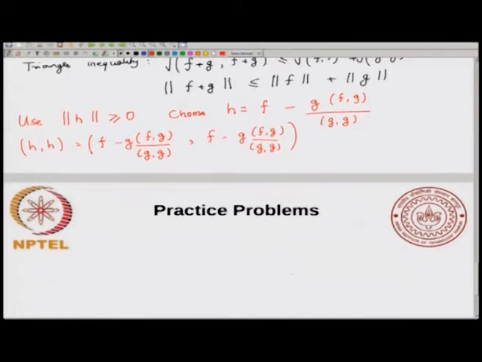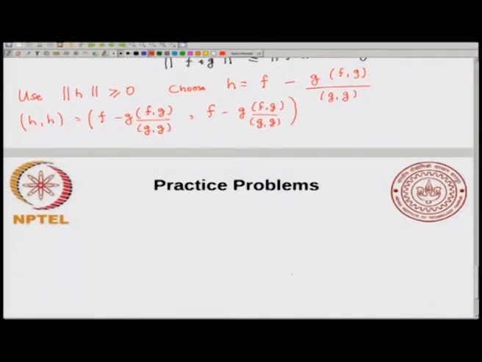You can unfold these brackets and multiply them term by term. What you will get is H comma H is equal to F comma F minus. So, you will get one term that takes the inner product of this with these two terms. If I take the inner product of these two terms, I will have G G and then F G twice.